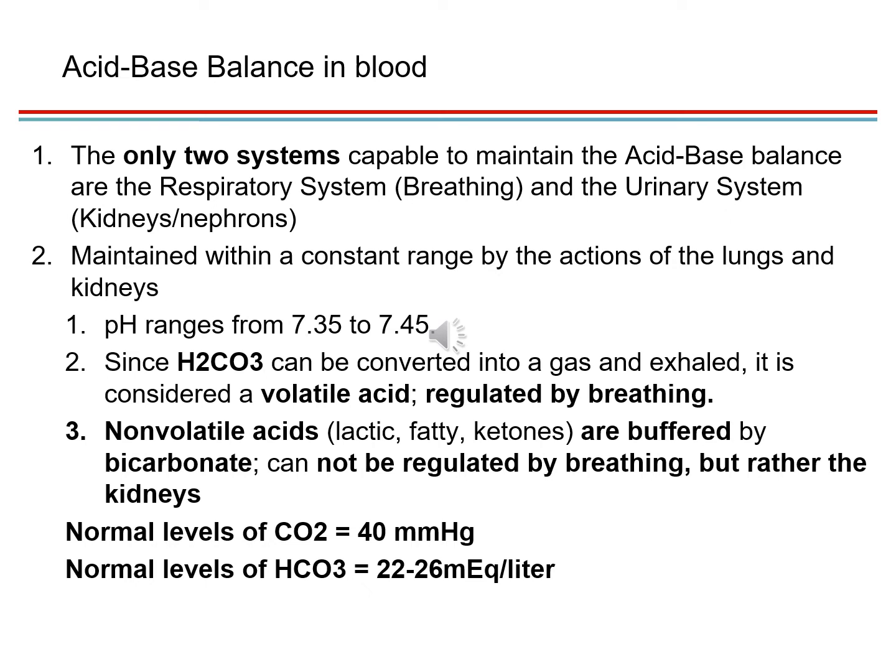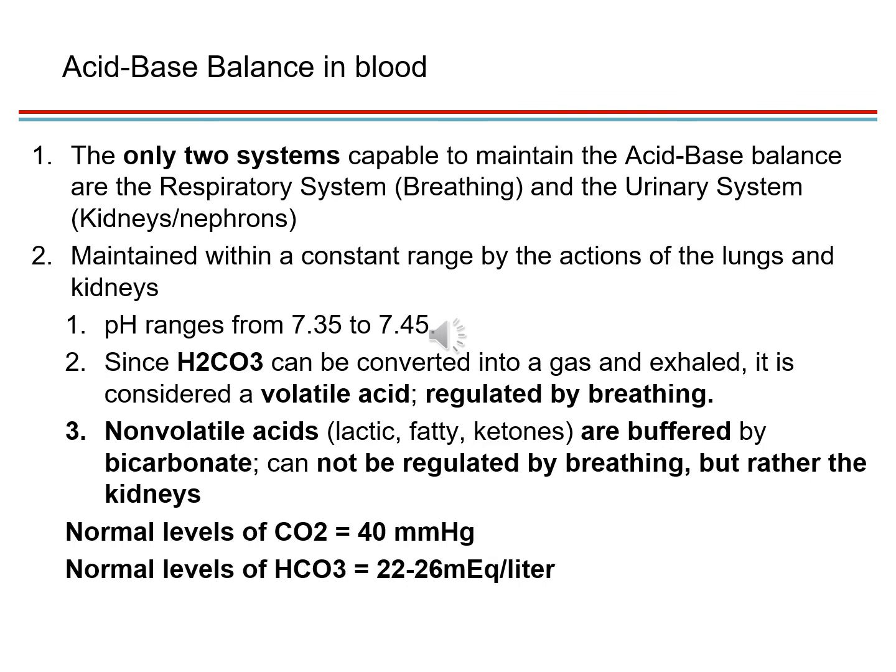ventilation. How can the urinary system keep this acid-base imbalance under control? It just regulates the concentration of bicarbonate, which is a powerful buffer in our bloodstream. And remember the values that you have to keep in consideration. One is the normal level of carbon dioxide that I mentioned before.